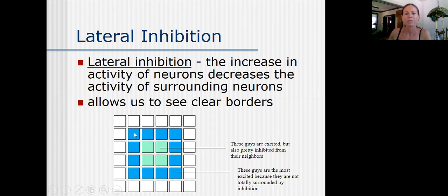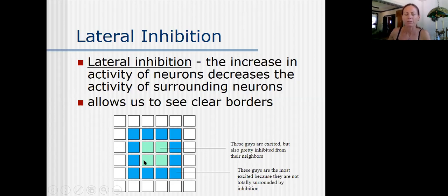So you can imagine that this neuron is inhibiting this guy, and this guy, and this guy, and this guy. All of the neurons surrounding it get inhibited when it is excited. Well, what happens is that if you're in the middle of that light, you get inhibited by everyone around you. So you're very inhibited.